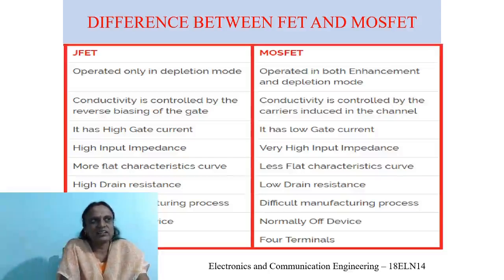Hence, JFET has high input impedance. The JFET has a diode-like input first of all, and this input is reverse biased. When it is reverse biased, it acts as an open switch.